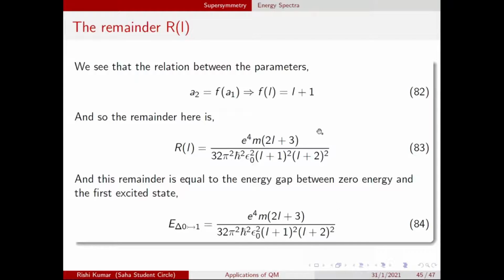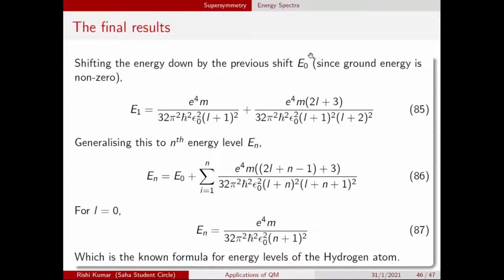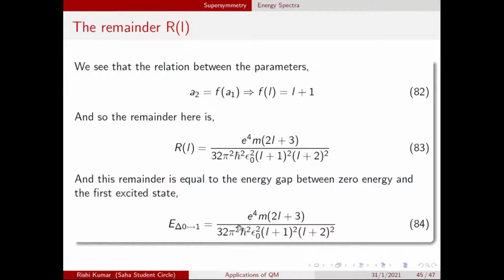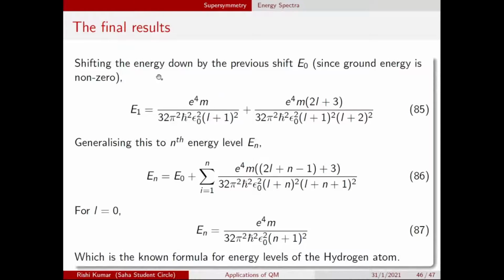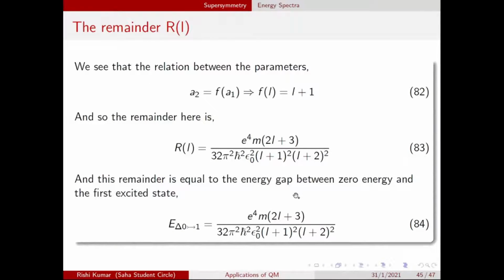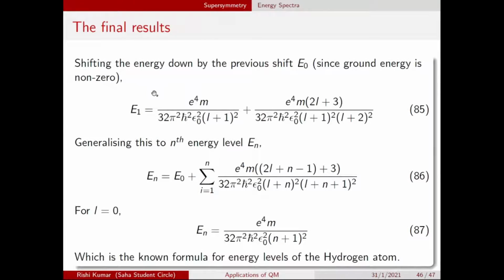From this, how do we find our ground state energy? Since the ground state energy is non-zero, we now shift down our first excited state with this remainder here. So essentially, our E1 is this term here plus our remainder.